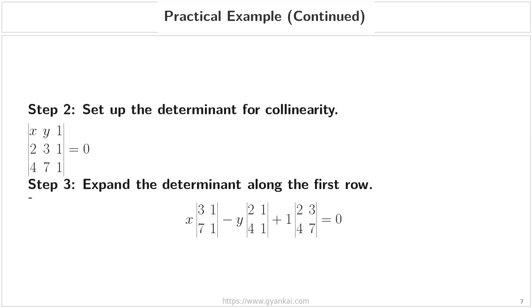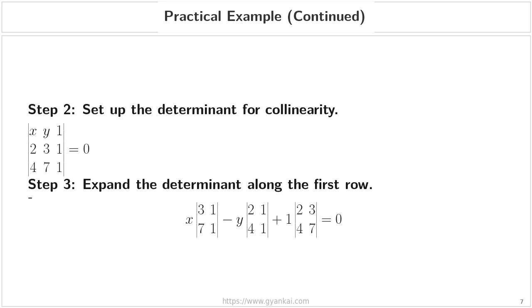Moving on to step 3, we need to expand this determinant along the first row. This is where we break the large matrix down into smaller, more manageable 2 by 2 determinants. We take our first element, x, and multiply it by the determinant of the 2 by 2 matrix that remains when we ignore the first row and first column. That's 3, 1, 7, and 1.